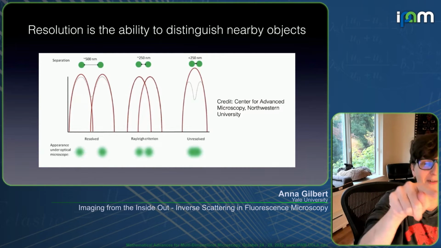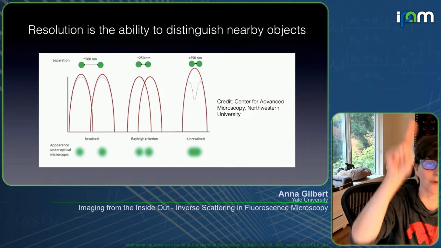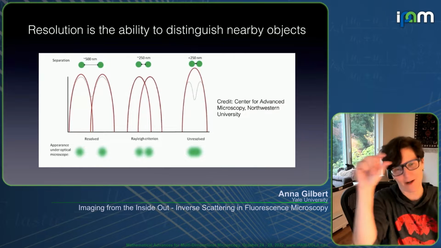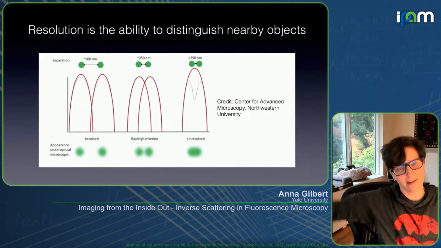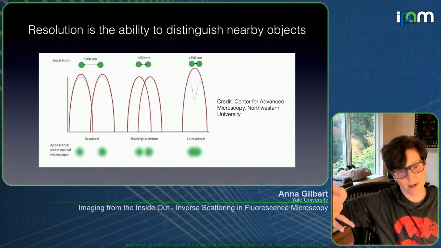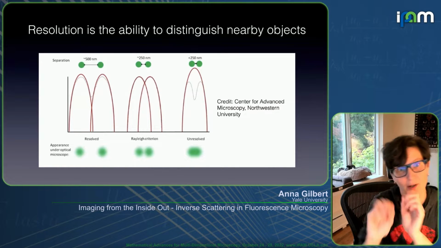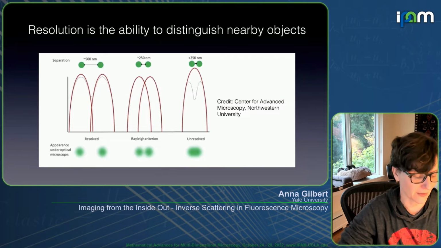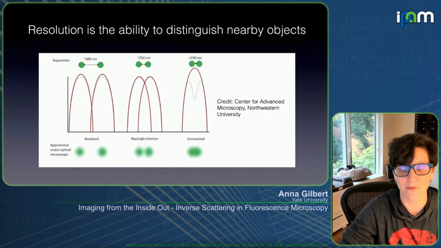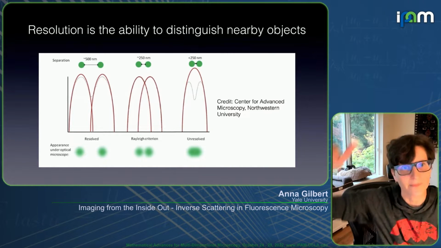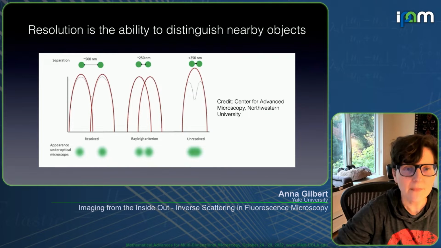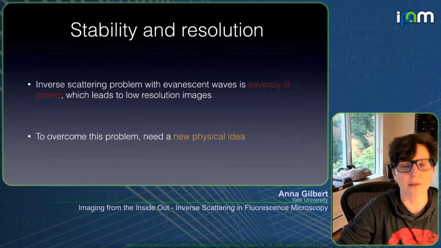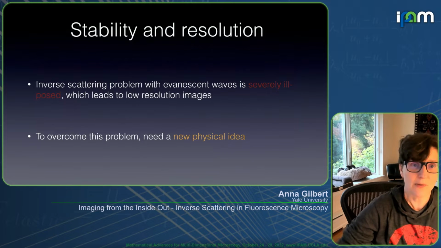So I'm going to point at the screen, but imagine me pointing at your screen. If you've got 2 sources that are fairly far apart, then they're well resolved, but when you get them close together, they're not. And trying to reconstruct from these evanescent waves is quite difficult because they die out. So you get lower resolution images than you would want.